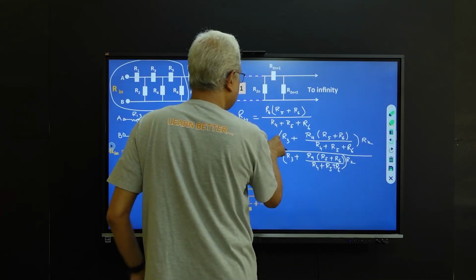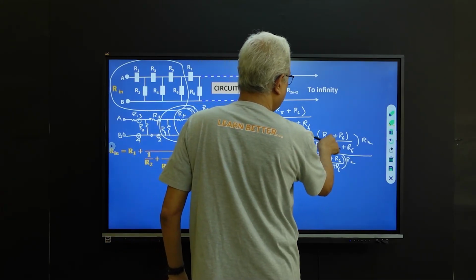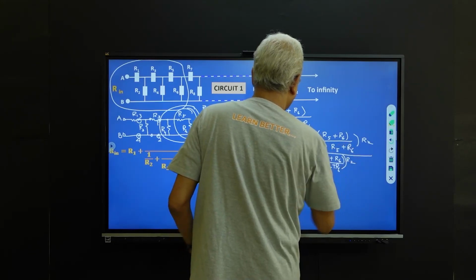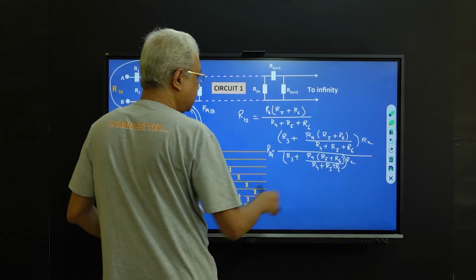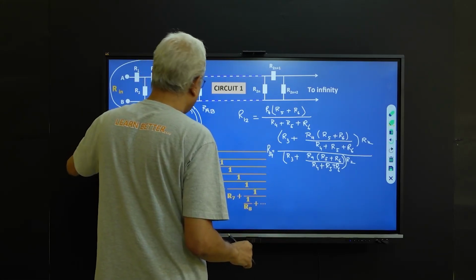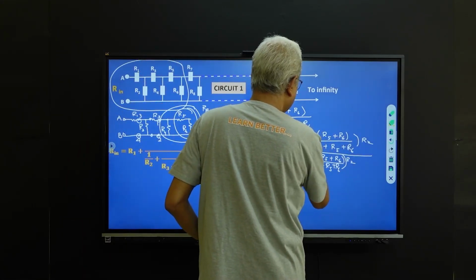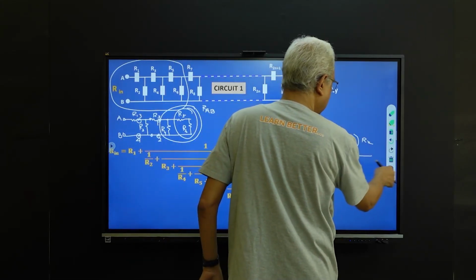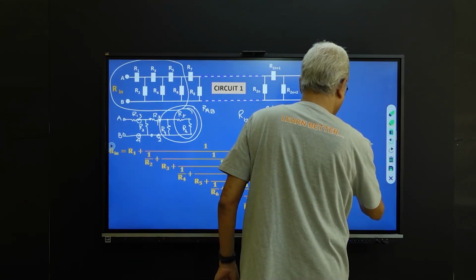So the equivalent resistance between 3 and 4 will be this R3 plus this quantity multiplied by R2, plus all these things added together.